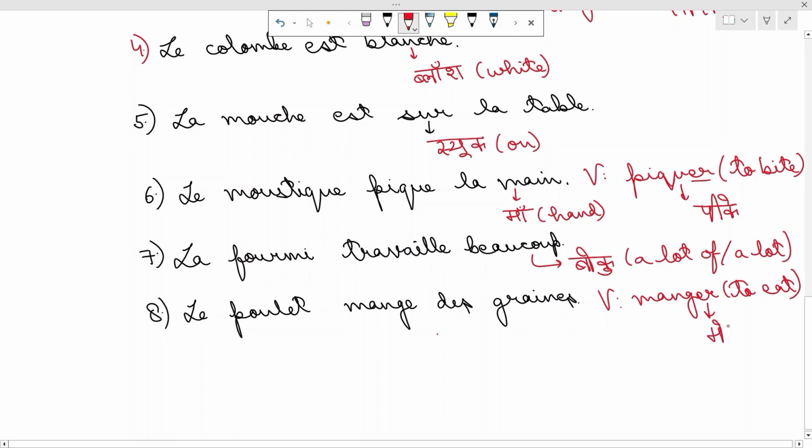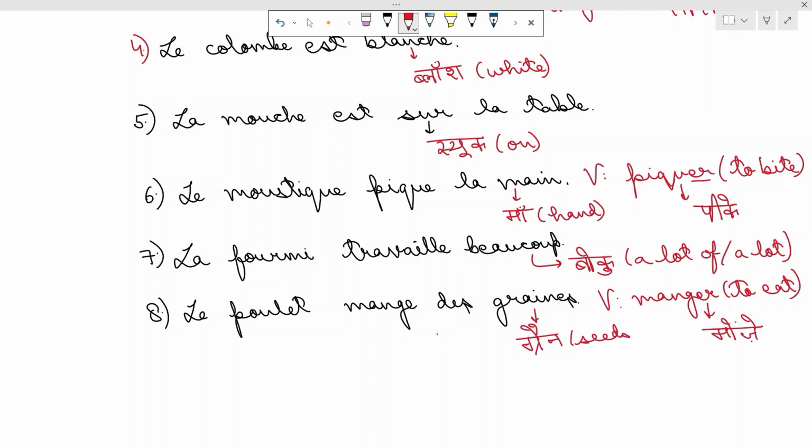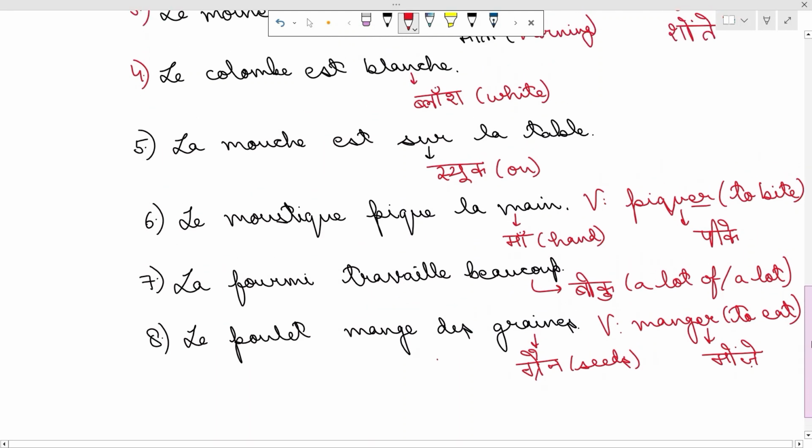Pronunciation is manger. The chicken eats the grains. Graine is the pronunciation, which means seeds. So these are the 8 sentences.